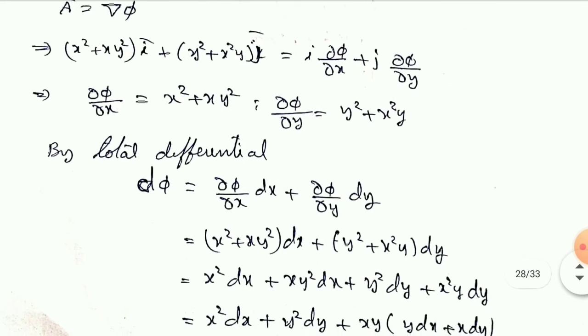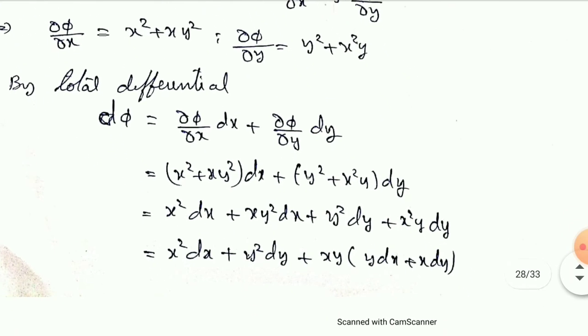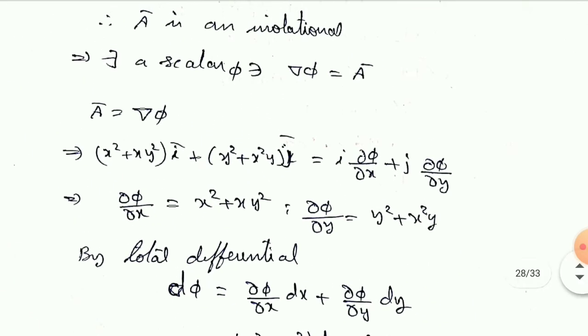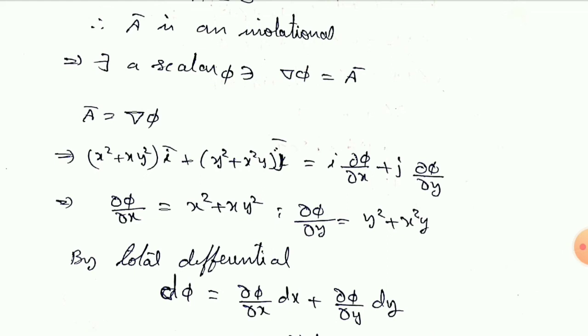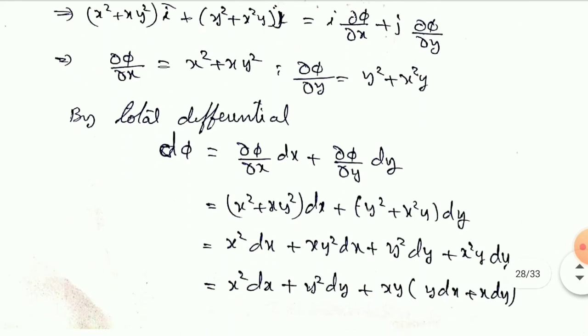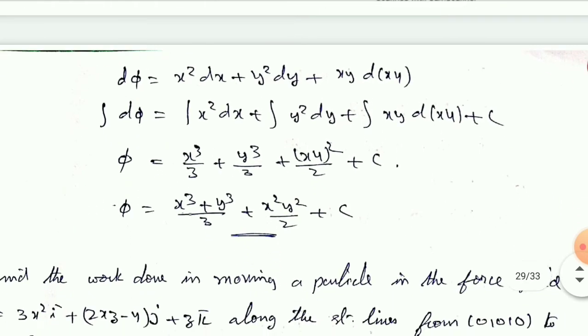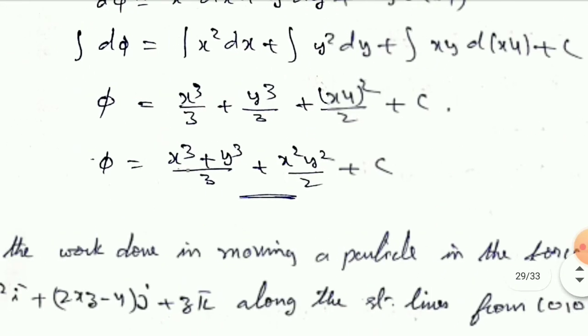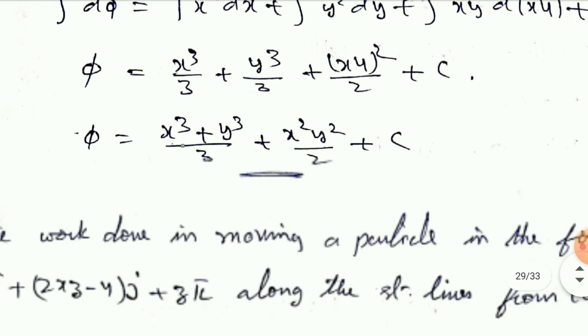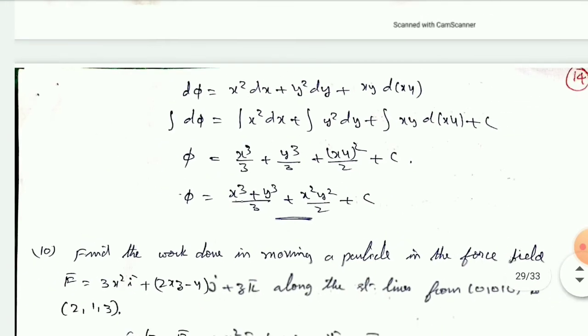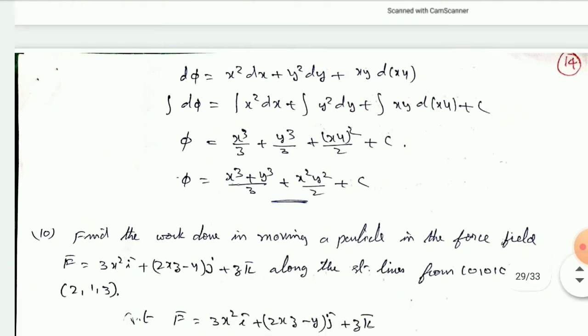In order to get that value, you integrate the first one with respect to x and the second with respect to y on both sides, so that you will get phi in the first and phi in the second. You add those two phi values, so that you will get the final answer phi equal to x cube plus y cube by 3 plus x square y square by 2 plus some constant. So this is about your 9th B bit.